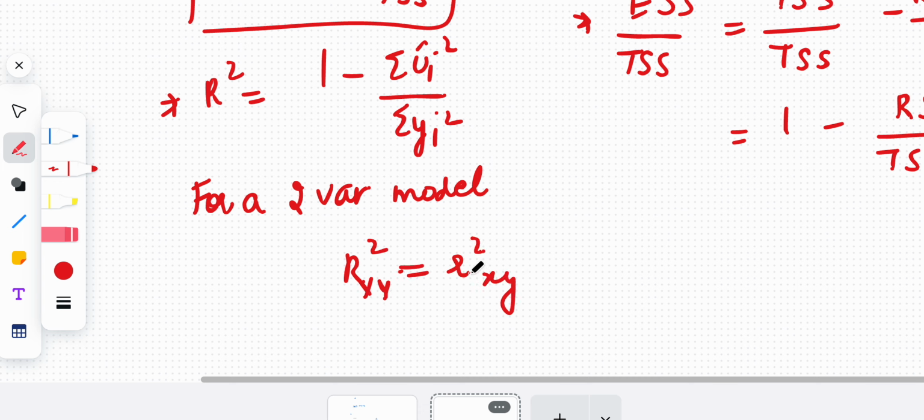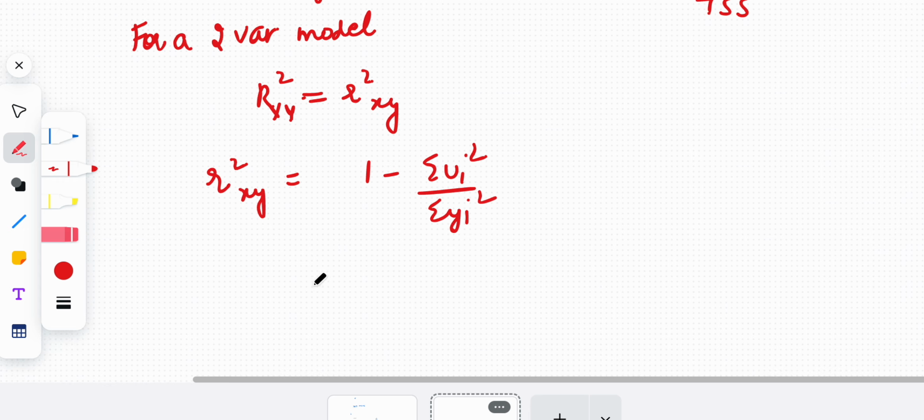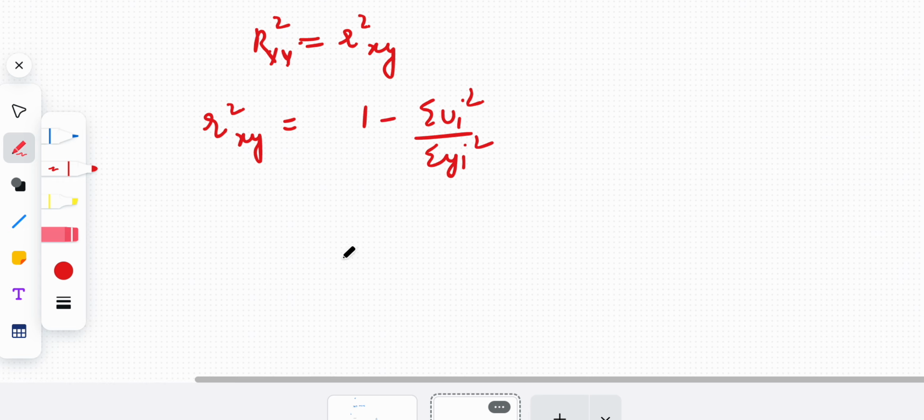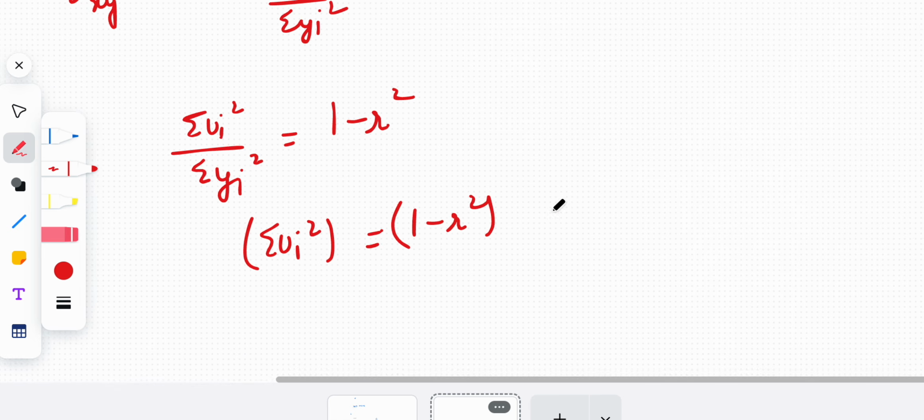So from here I can derive that R square is equal to 1 minus summation ui square over summation yi square, which becomes summation ui square is equal to 1 minus R square times summation yi square.